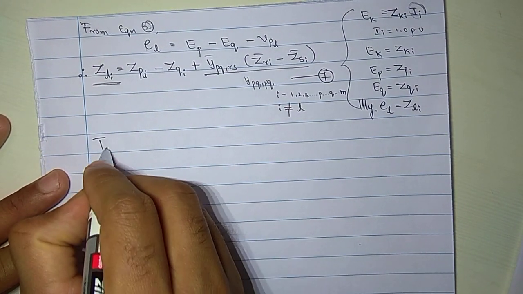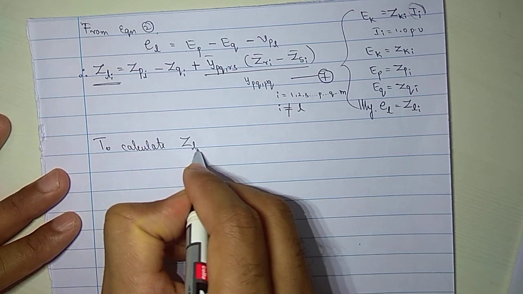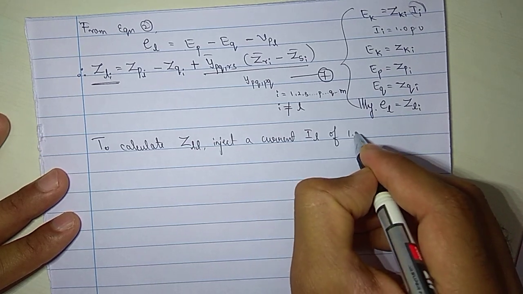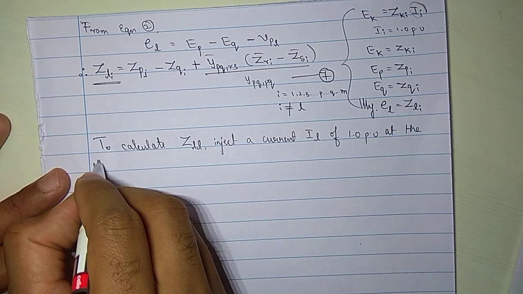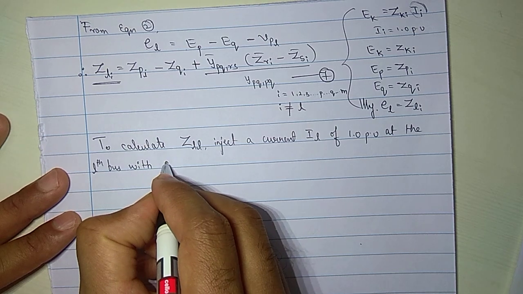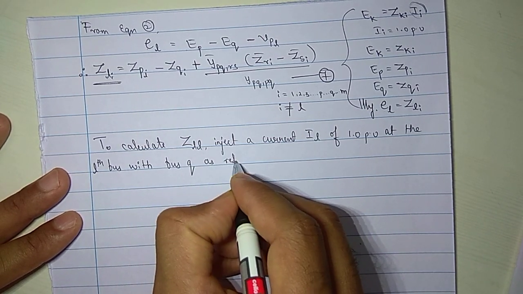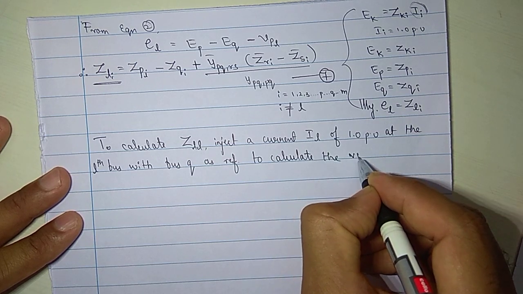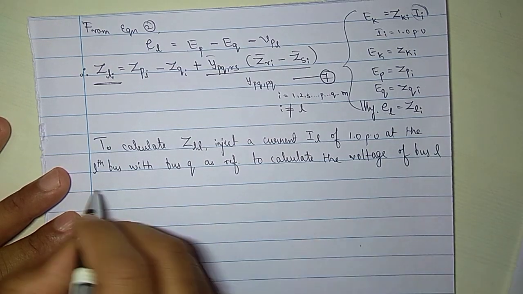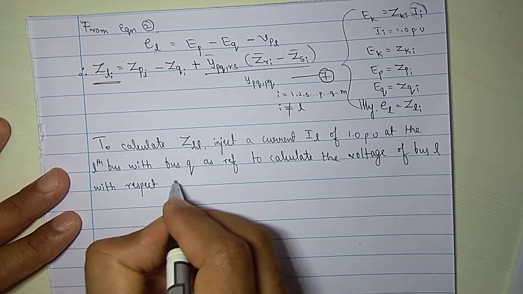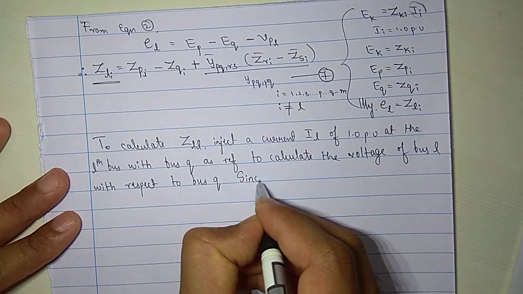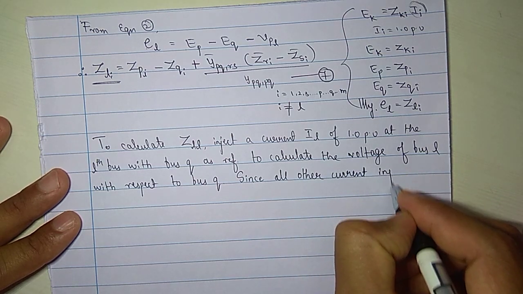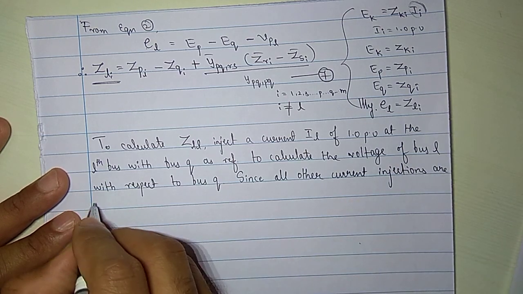Now to calculate the diagonal elements, to calculate ZLL, inject a current IL of 1 per unit at the Lth bus with bus Q as a reference, to calculate the voltage of bus L with respect to bus Q, since all other current injections are 0.